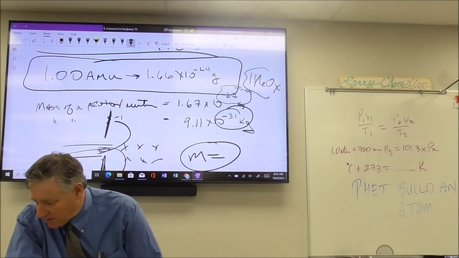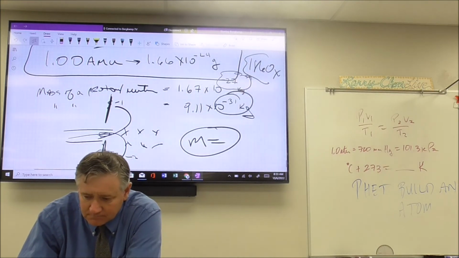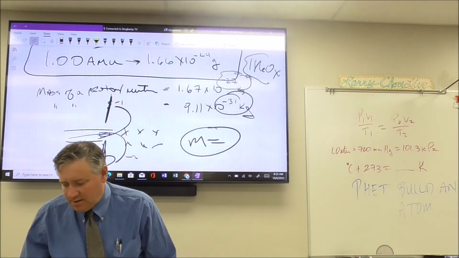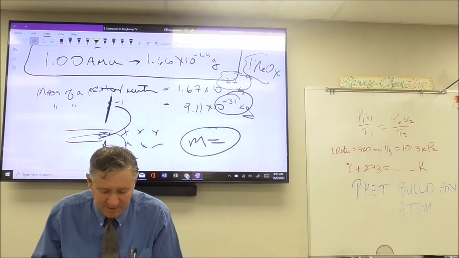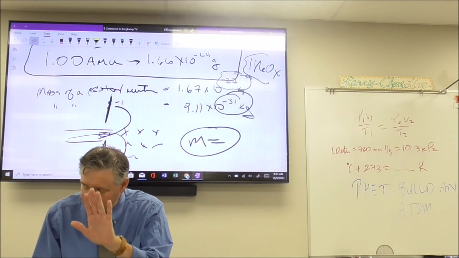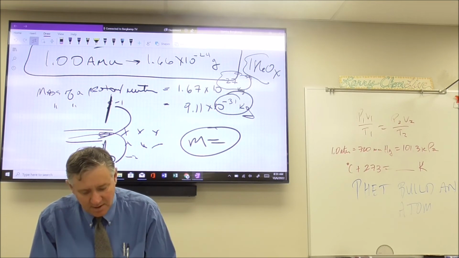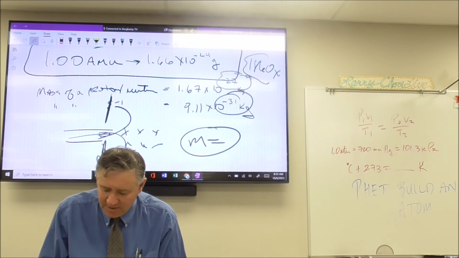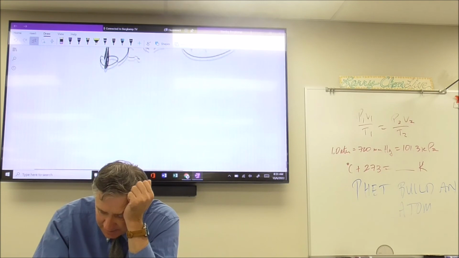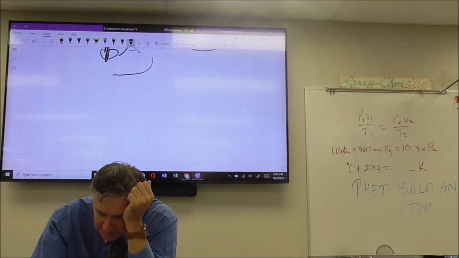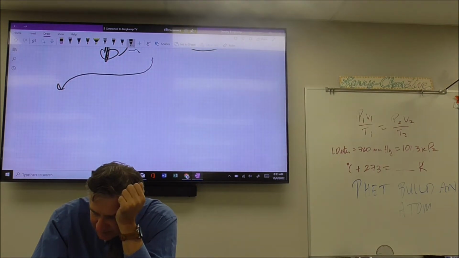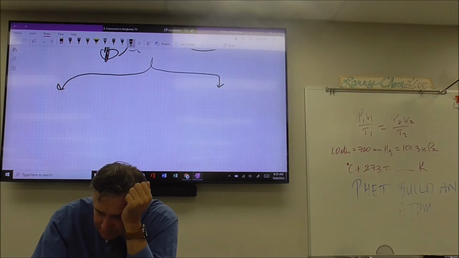Okay, so here's what you've got. On this page down here, the bottom of page 10, let's go through this, make sure everybody's cool. So what's the structural difference between an atom and an ion? Here's the deal. Everything that we're going to study from here on out is one of two things.